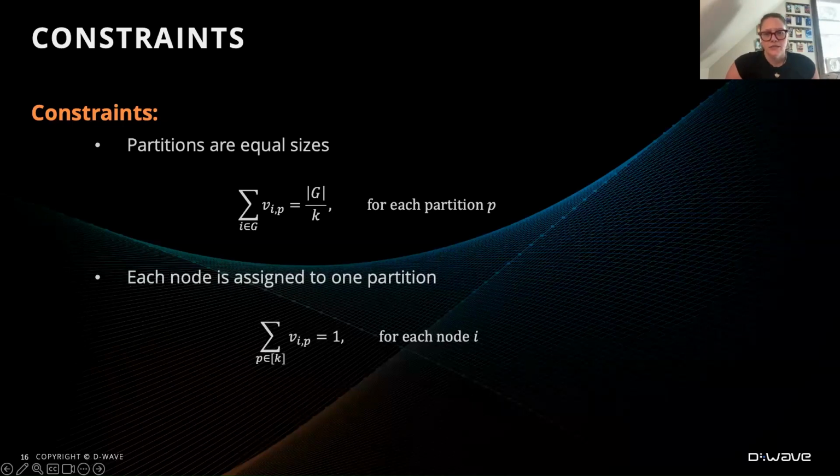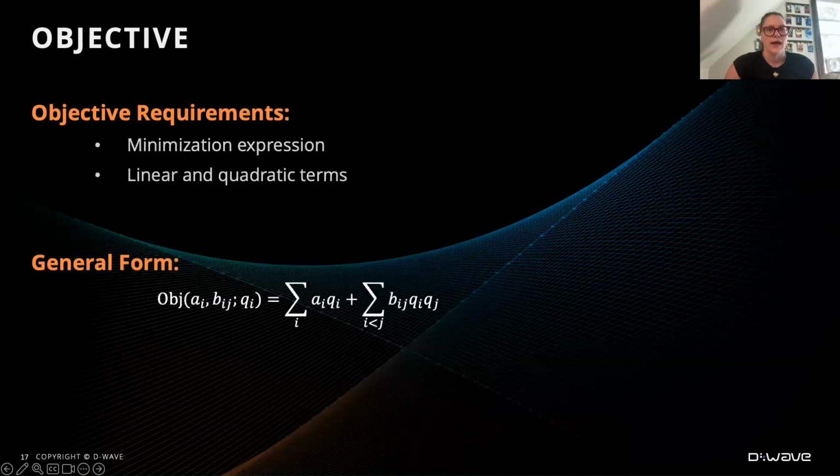Okay, so now we have our constraint equations. We've decided on what our variables should look like. Next, we want to look at our objective function, and our objective function is supposed to minimize the edges between the partitions. In general, our samplers are set up to perform minimization problems, so we want our objectives to be a minimization problem, and we want them to have linear or quadratic terms.